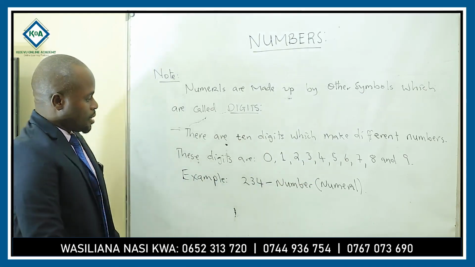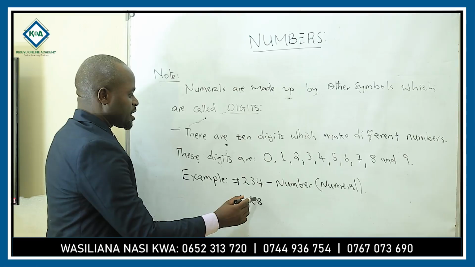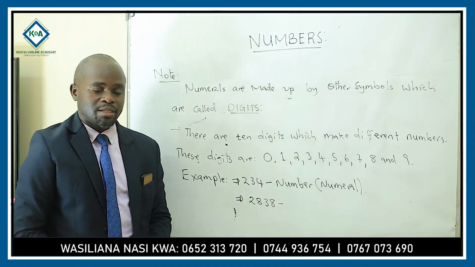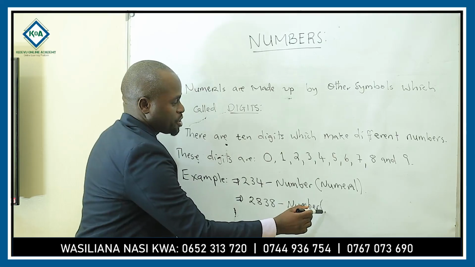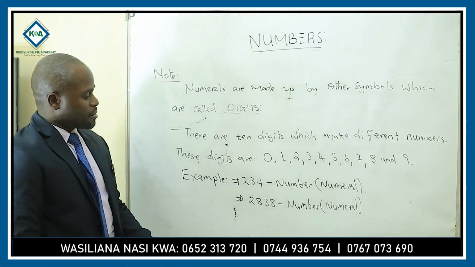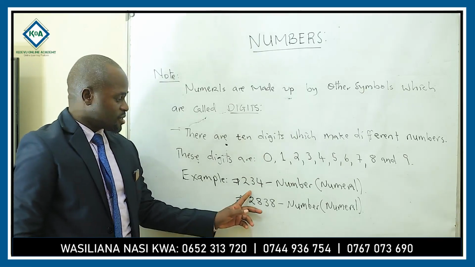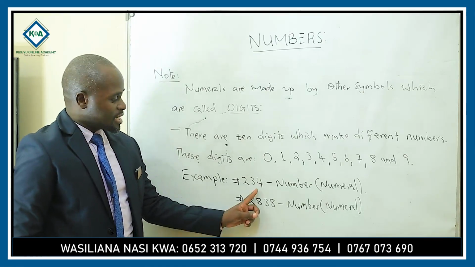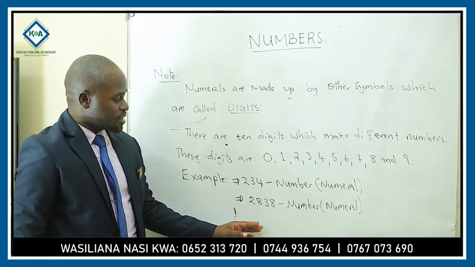Another example is maybe you have 2,838. This is a number which is a numeral. And in this number we have how many digits? 1, 2, 3, 4, whereby 8 repeats. The first digit is 2. The second digit is 8. The third digit is 3. And the last one is 8, whereby 8 repeats.